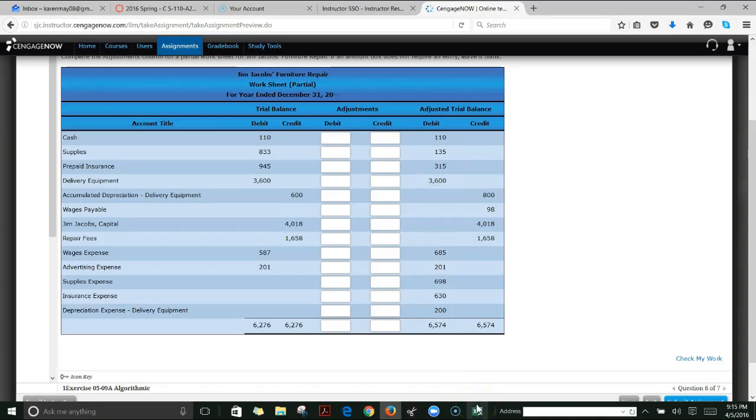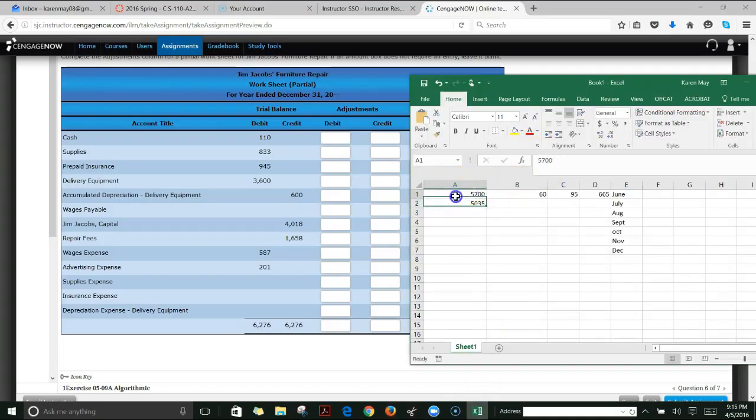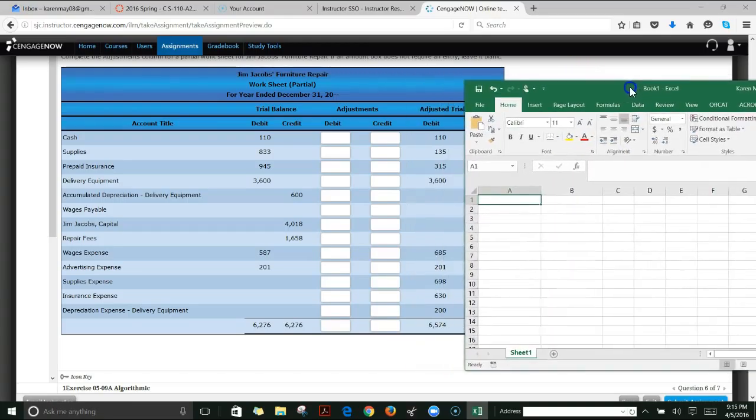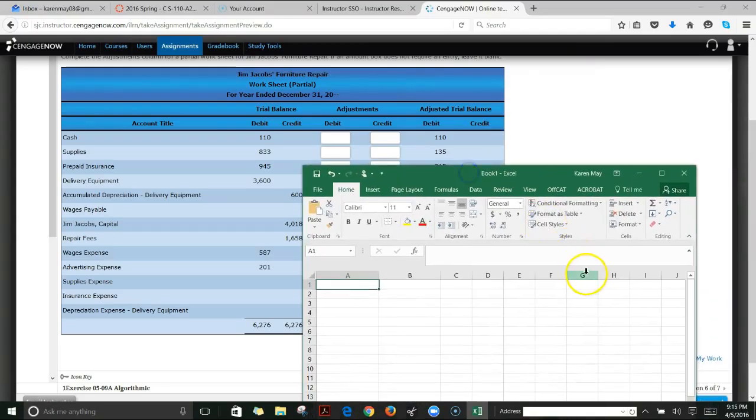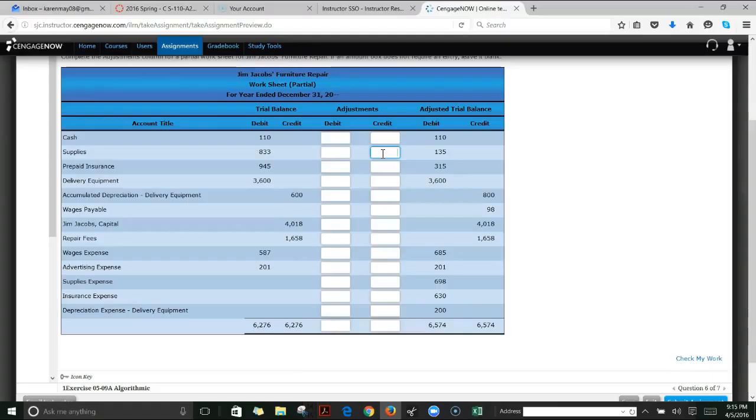So we need to subtract that. 833 minus 135 is $698. And that's how much we credited out of there because we had used those supplies. So we subtracted from that asset. Debit of 833 minus credit of 698 equals 135.